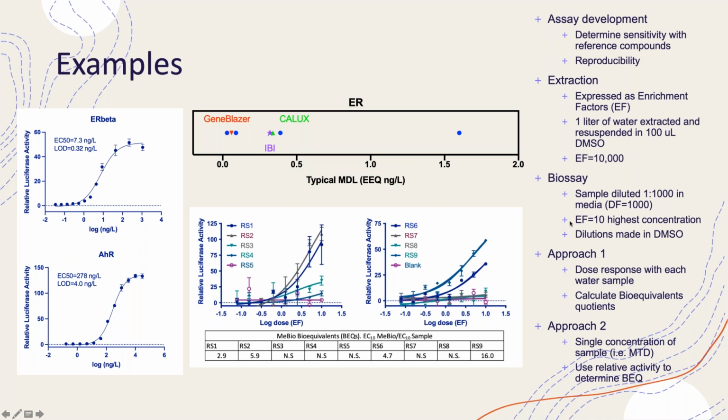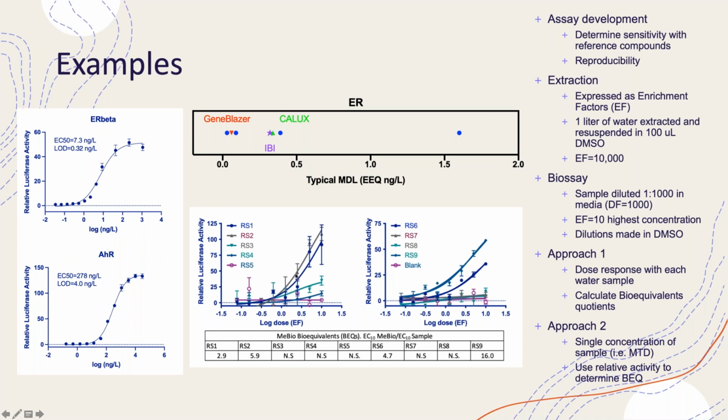So now when you're examining your environmental compounds, what you're saying is, I'm getting a certain amount of activity in this bioassay. How much is that relative to the reference compound? What I'm showing over here is the amount of reporter activity that we're getting with water samples relative to the aryl hydrocarbon receptor.